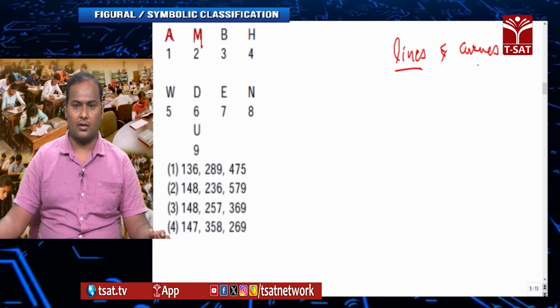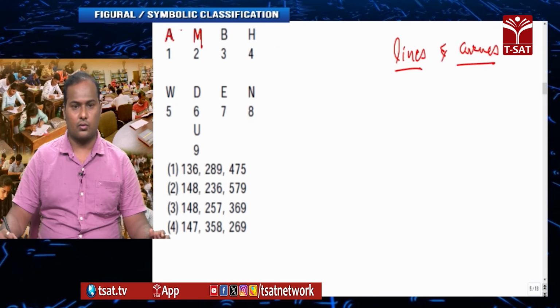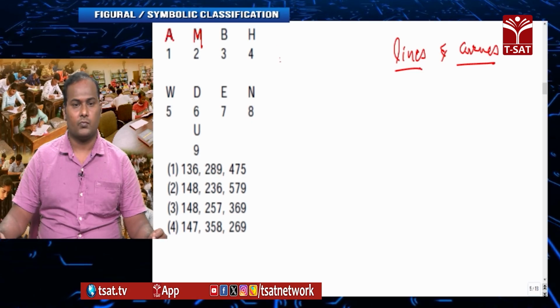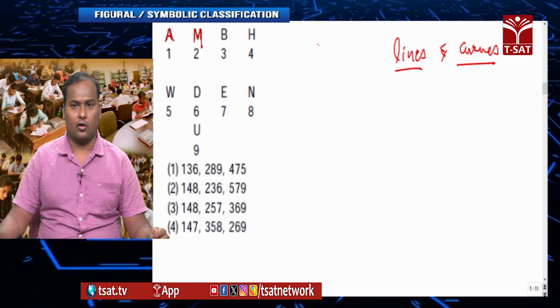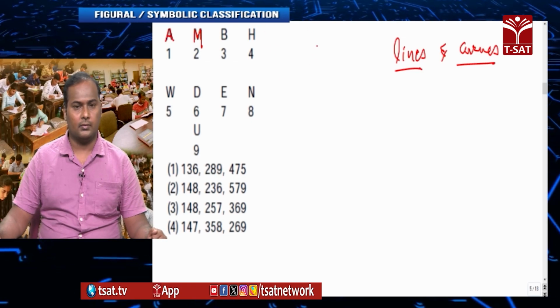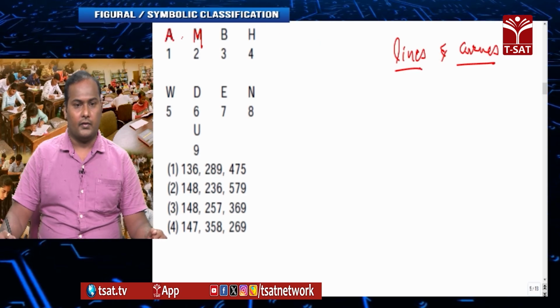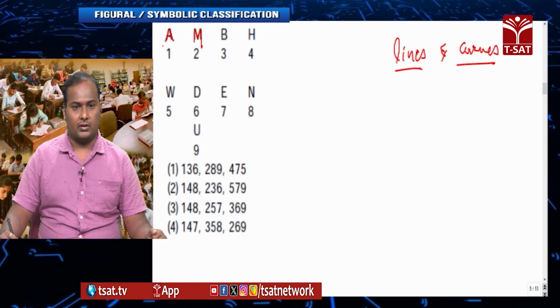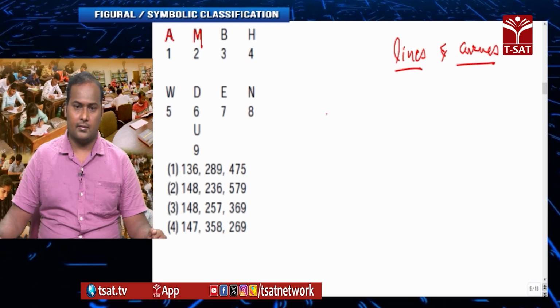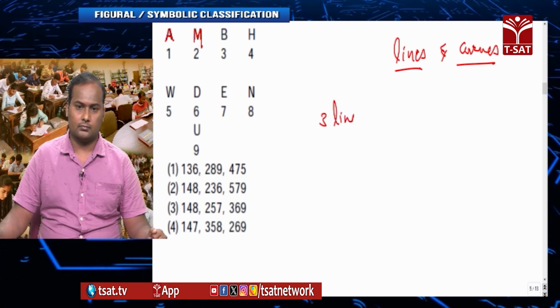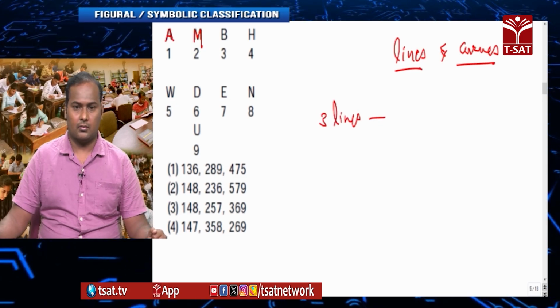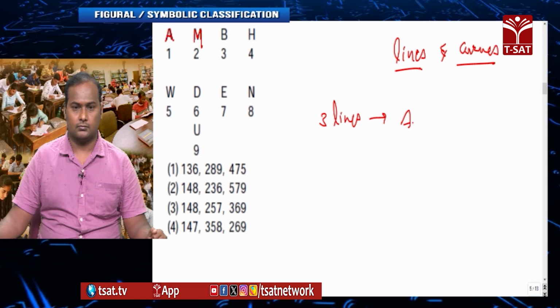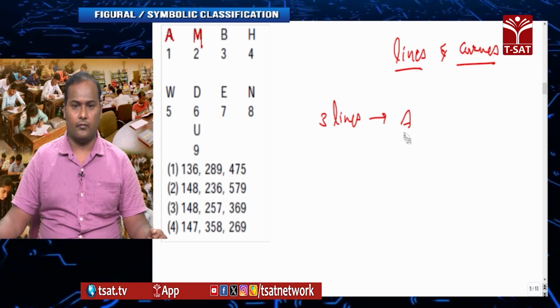Based upon the characters of lines and curves, this question is grouped. Let's check how many lines and how many curves there are. A is formed with 3 lines, so A, figure 1, has 3 lines.